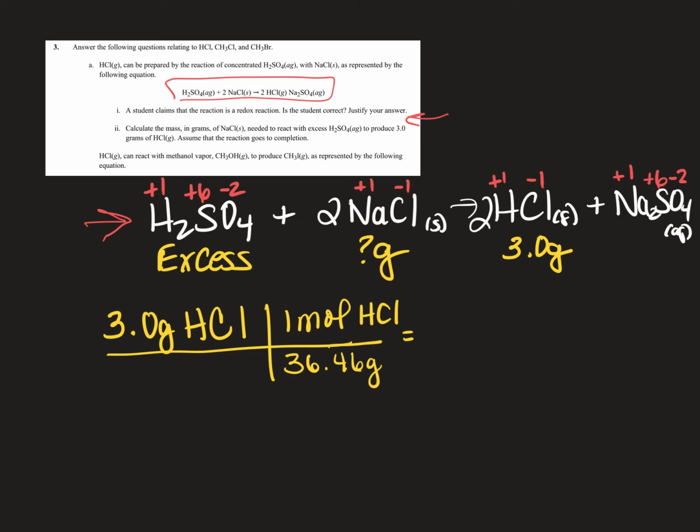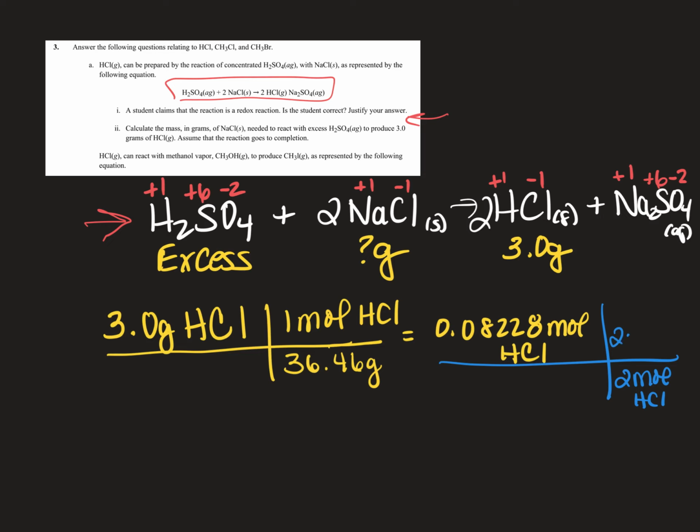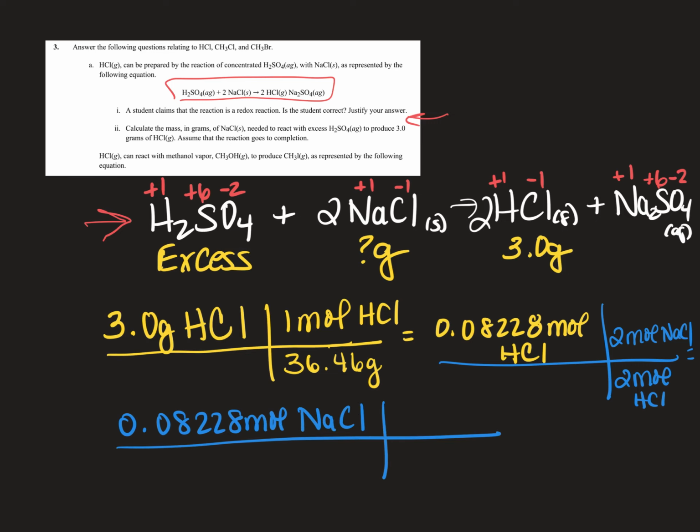So that's going to give me the number of moles. So 3 divided by 36.46 is going to give me 0.08228 moles of HCl. And then I know for every 2 moles of HCl, I have 2 moles of NaCl. So that means that I'm going to have 0.08228 moles of NaCl, and they wanted grams.